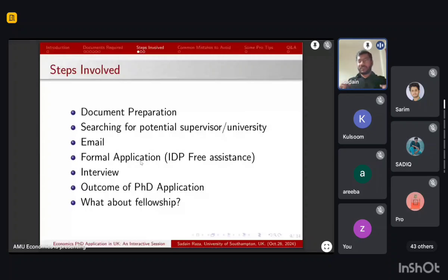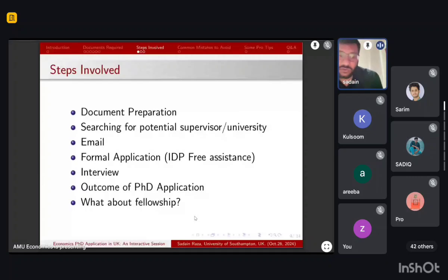It is not that they are a team of economics experts who will suggest you how to write your research proposal. No, they are not a team of economists. Rather, they are a team of people who are ready to assist students who are trying to apply abroad, and they face some problems in the application process, right? And if they are charging you any money, maybe if there is any money involved, then I won't suggest you to go for them. But in my case, no money was involved, and I know that they don't charge any money. Okay.